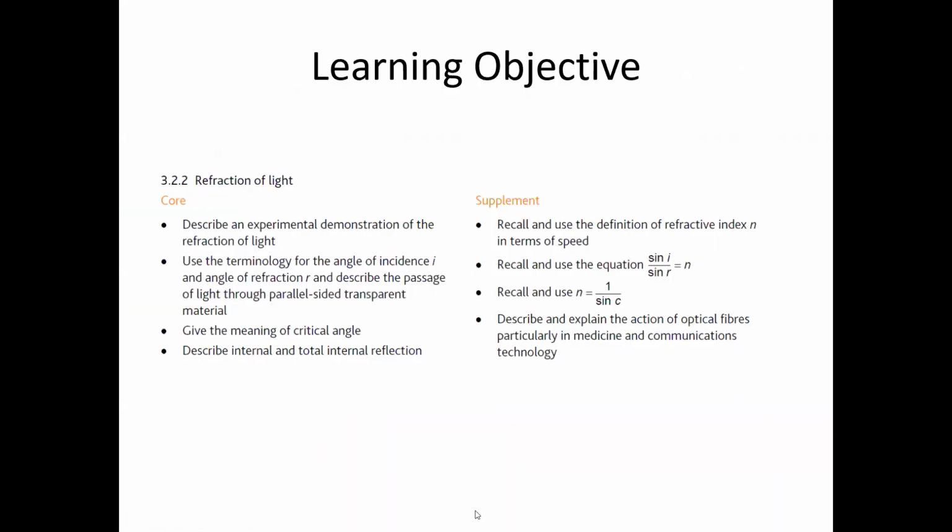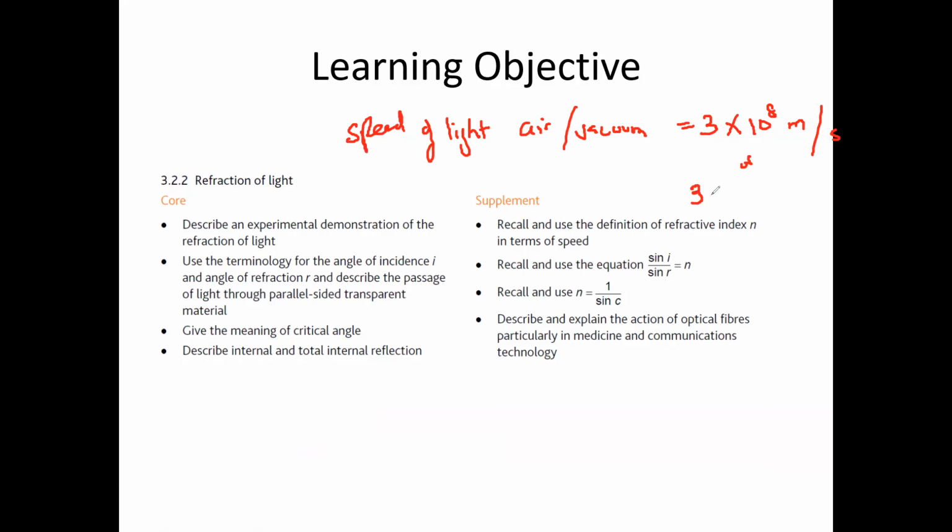To understand the change in speed, you should know the speed of light in air or vacuum. That is 300 million meters per second, or 3 × 10^8 meters per second, and this value you have to learn.